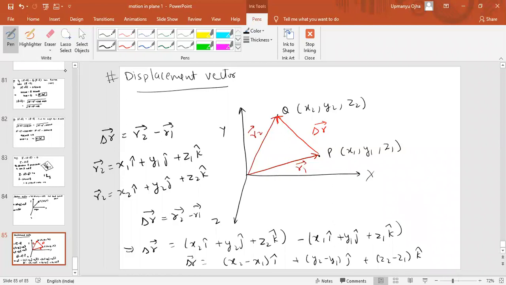Then your motion in a plane will be over. I think from 17 August you have the exam. In the exam you have unit and dimension, then motion in 1D, then motion in a plane.